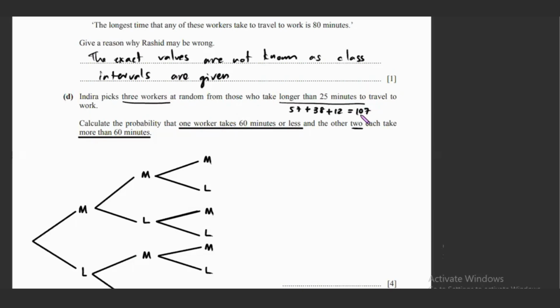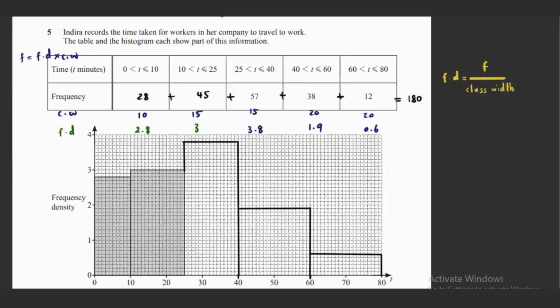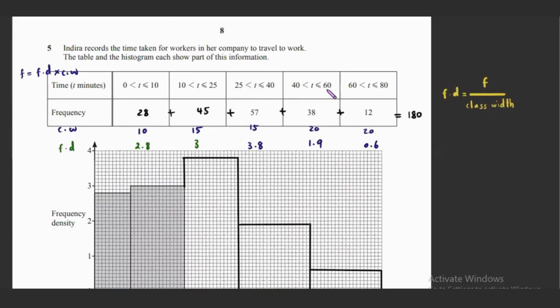So out of these 107 workers, only 3 people are selected. And 1 worker takes 60 minutes or less. So 60 minutes or less means, if you check this, this is where we have 60 minutes or less. So it's going to be the addition of 57 and 38.